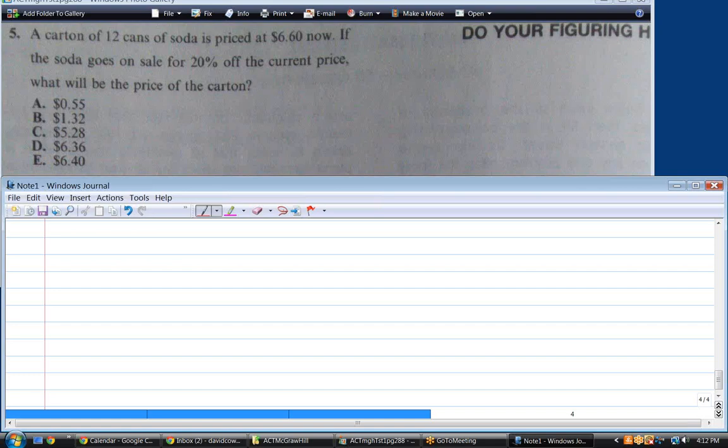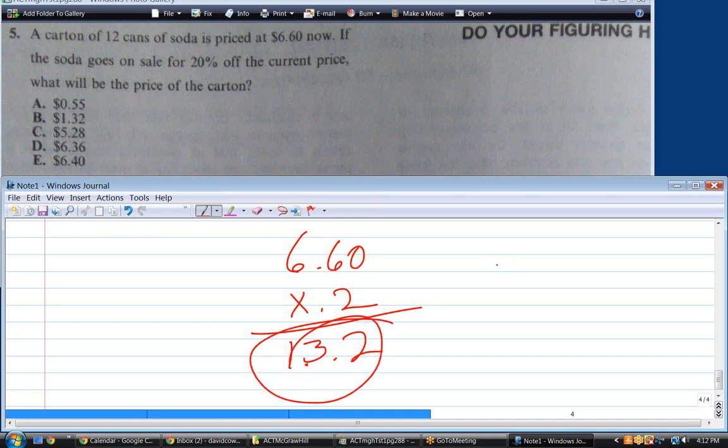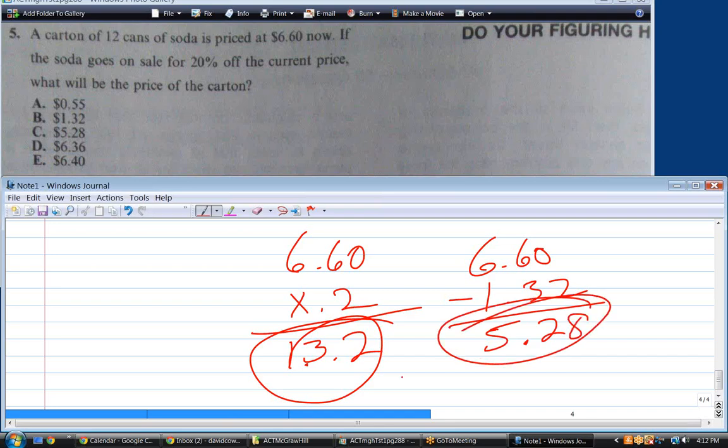So there's two ways to do this. You can multiply the 660 by 20%, and whatever you come up with, then subtract that number from 660. And that'll give you the correct answer.